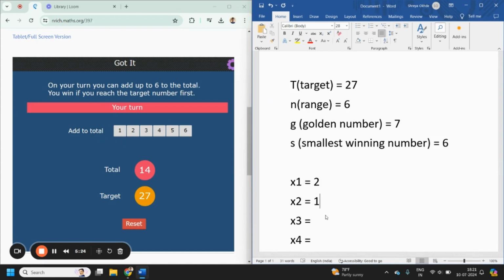So I'm going to play 7 minus 1, which is 6. x3 is equal to 4. So I'm going to play 7 minus 4, which is 3. And yes, I win the game by applying the same strategy again.